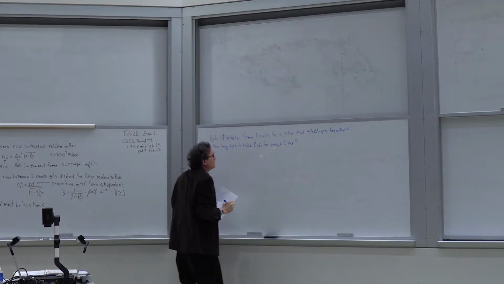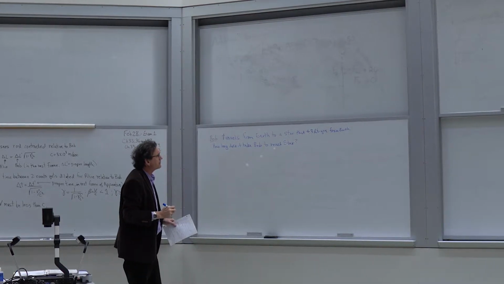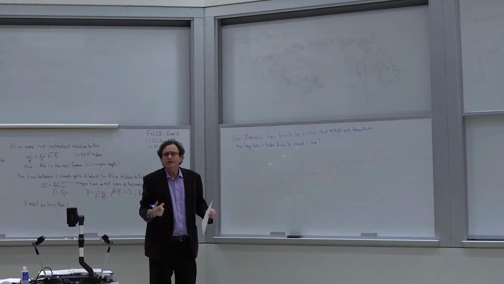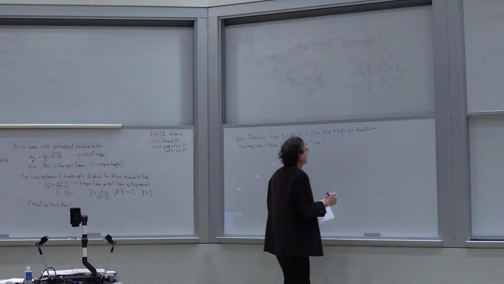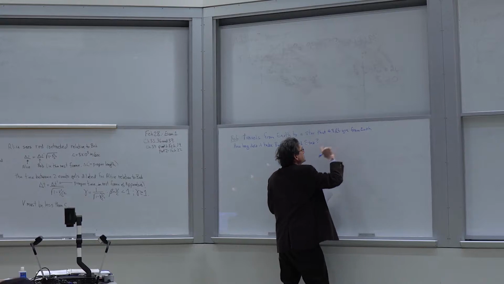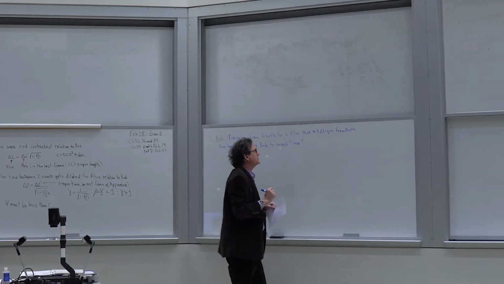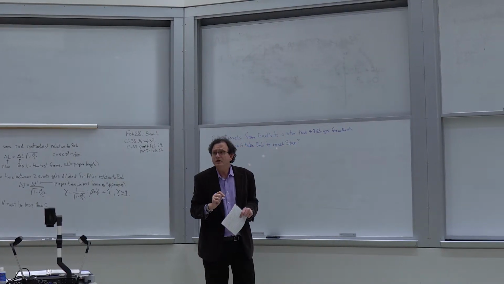Okay. Now, there's a couple ways we can work this. First of all, we need to clarify what the length light year means, and so a light year is the distance that light travels in 1 year, right?